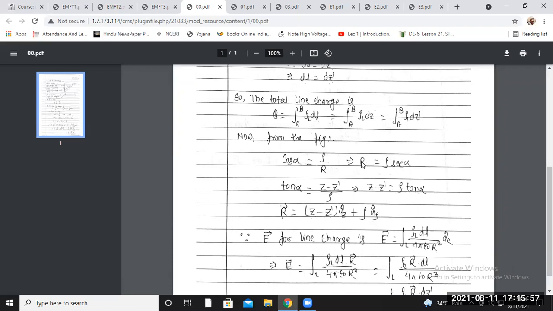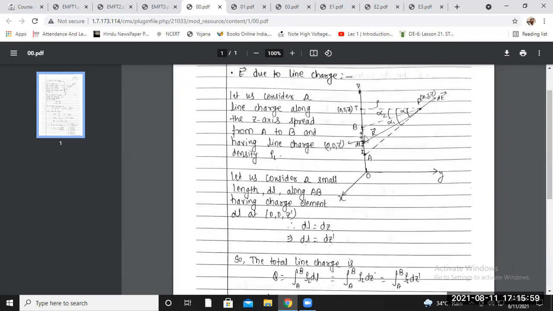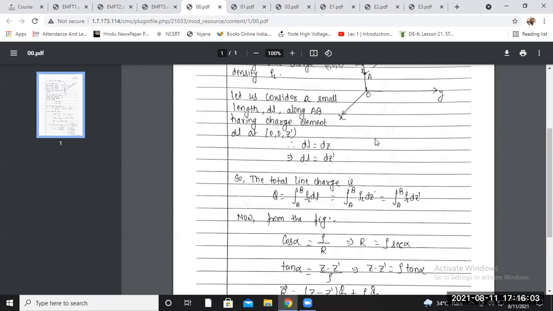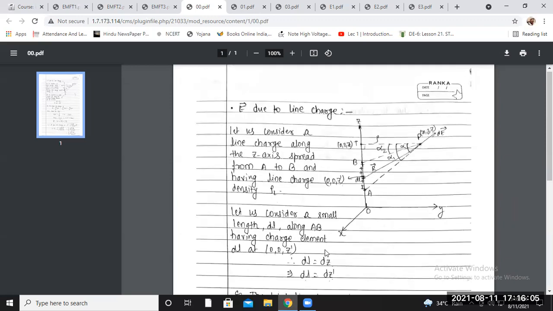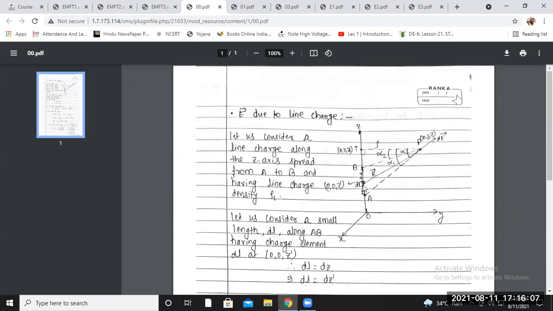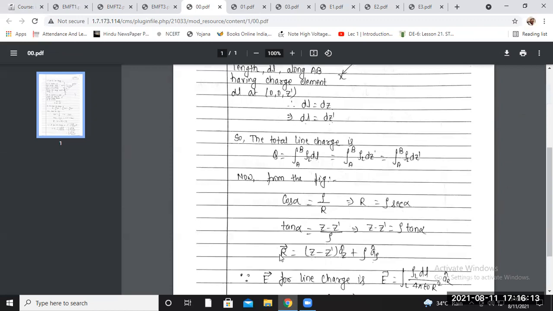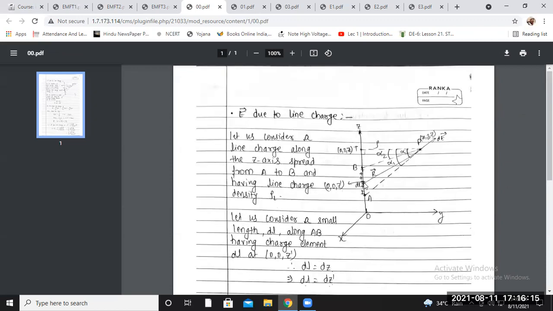Accordingly, this is the R value, this is the position vector. So the position vector, as you move from z dash to z, and then from T to P, can be written as follows.